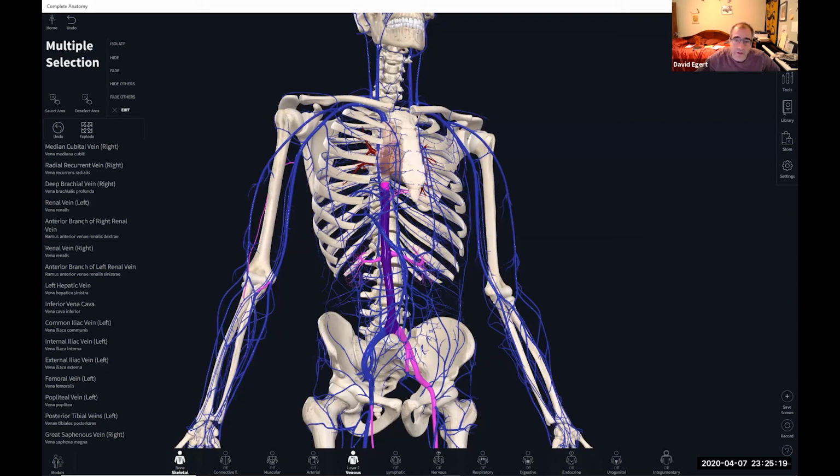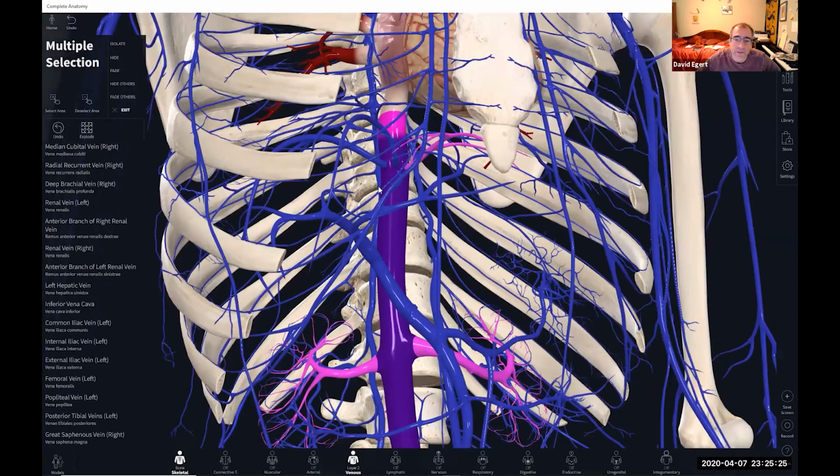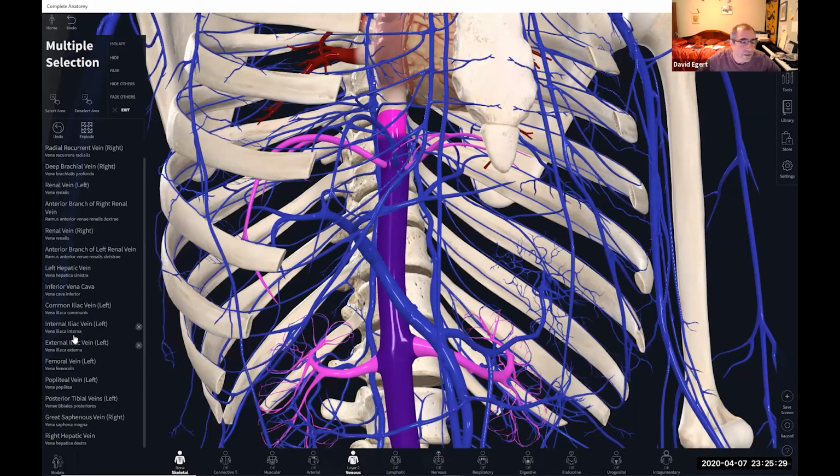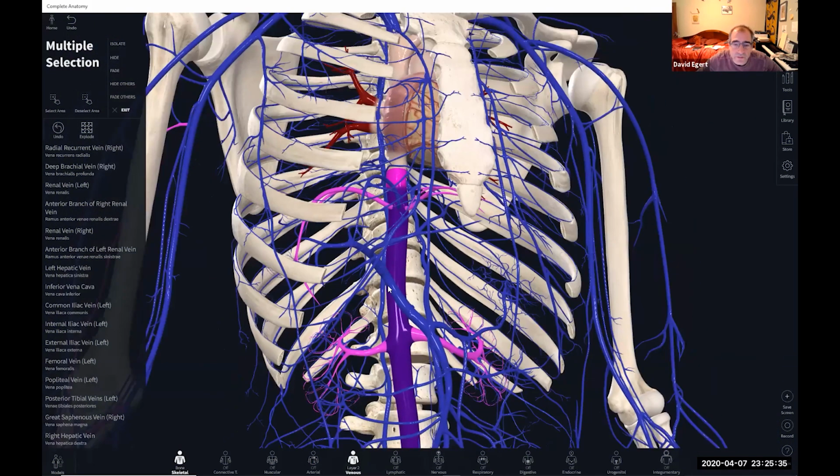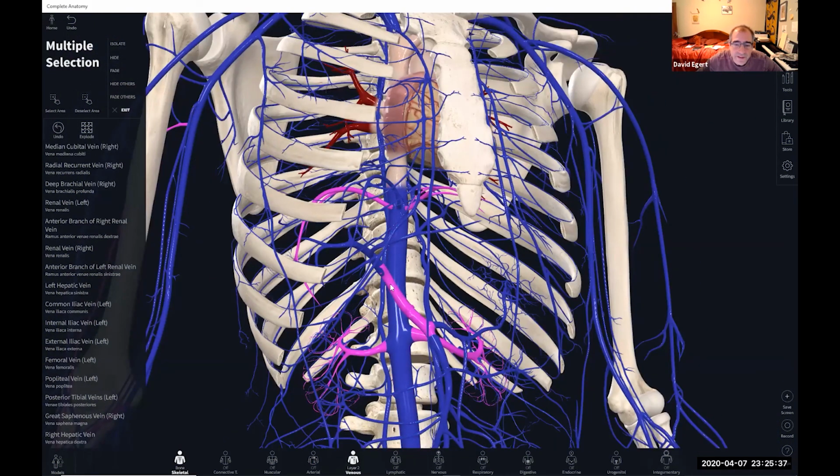The only thing you can see are where the hepatic veins, the draining of the liver, come in here. So there's this hepatic vein. So let me look on here.